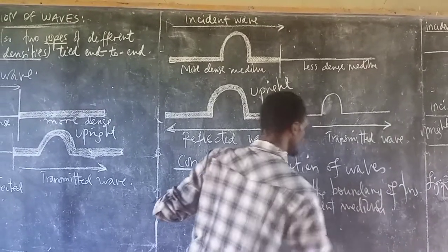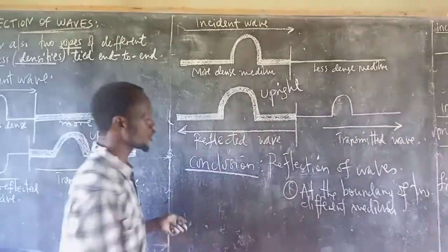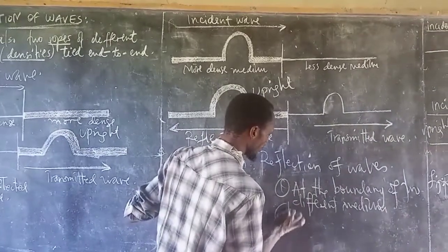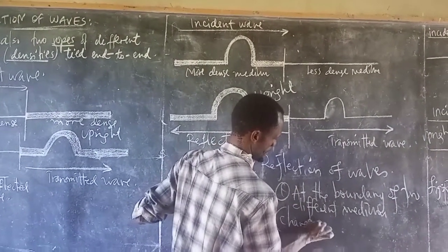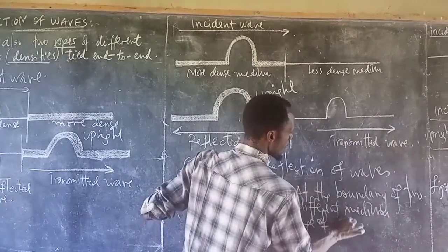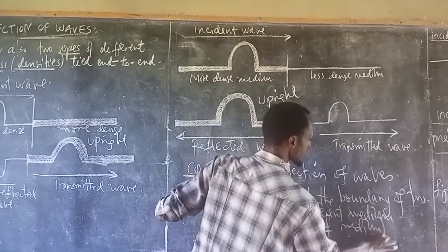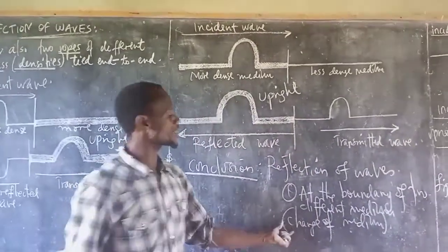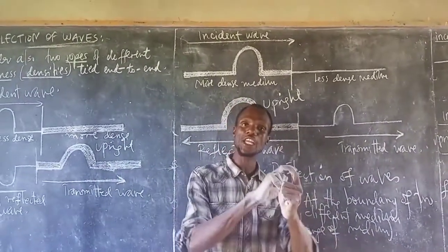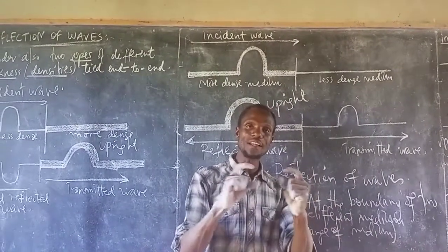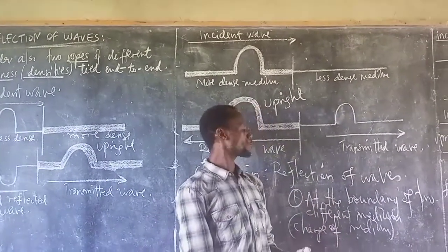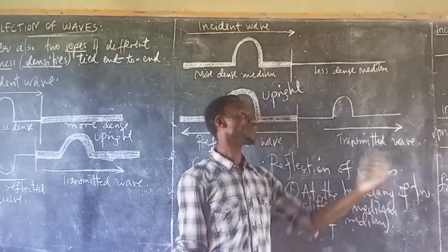It means it happens only if there is a change of medium. And this is possible, as I said, because once there is a change of medium, there is a change of speed. And once there is a change of speed, we expect reflection of wave to happen.